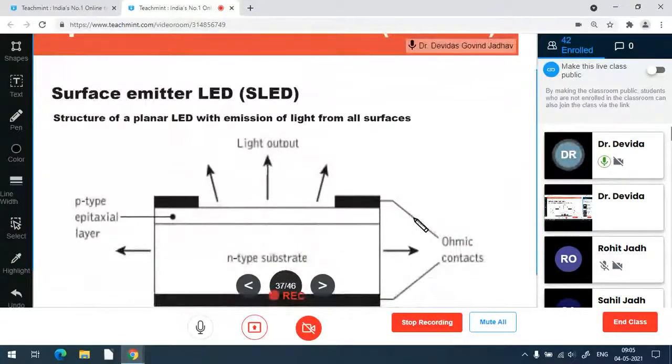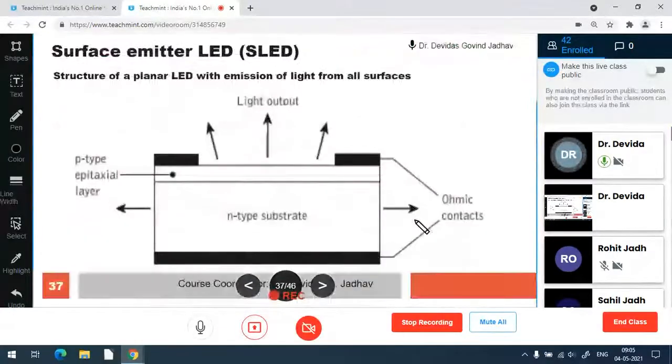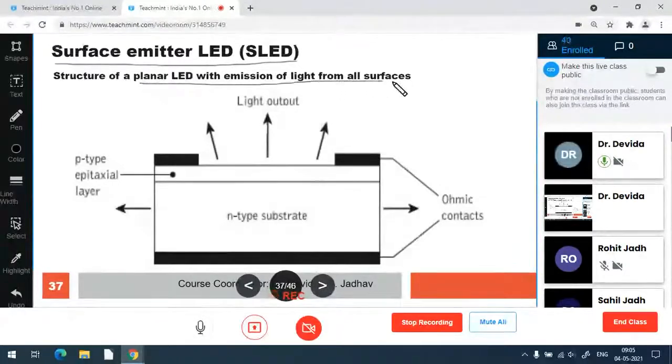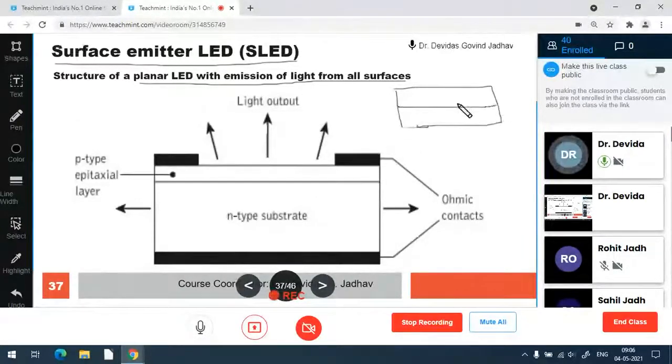Now different structures are there for LEDs. Surface emitter LED or SLED is one structure. This is the structure of a planar LED with emission of light from all surfaces. The structure of a PN junction is there. From this PN junction, the emitted photons come out from the surface.